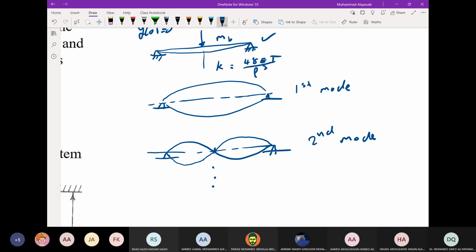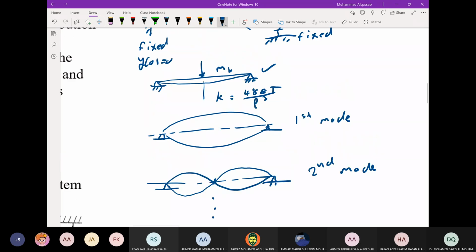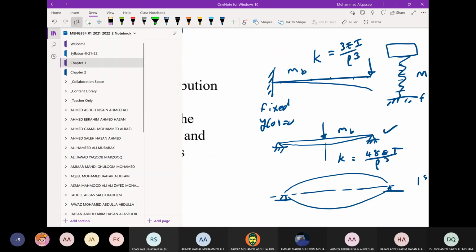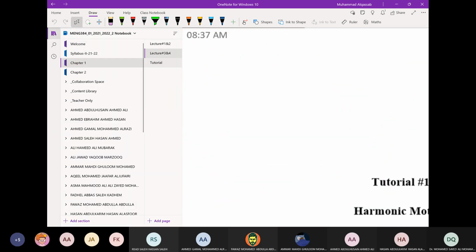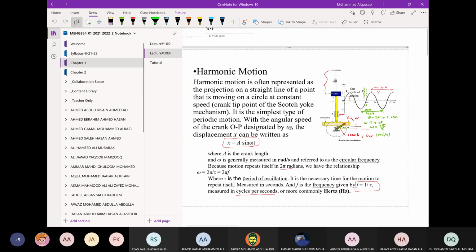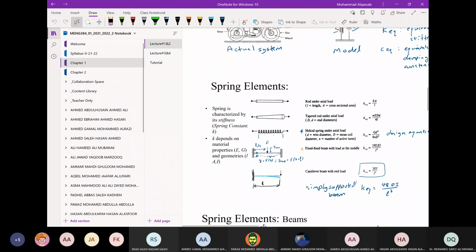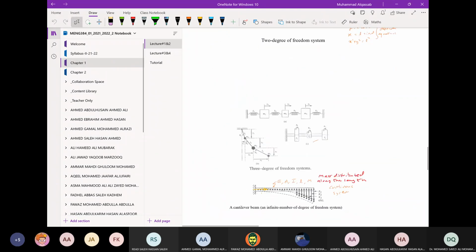So those elastic members are not single degree of freedom systems. We talked about this maybe in chapter 1, about degrees of freedom.